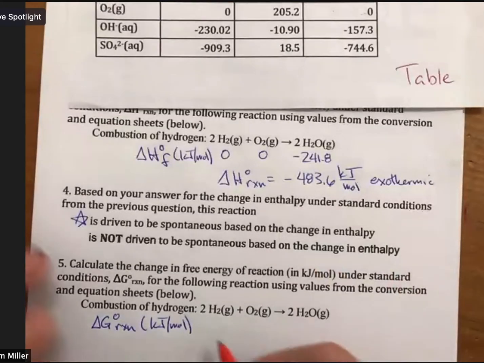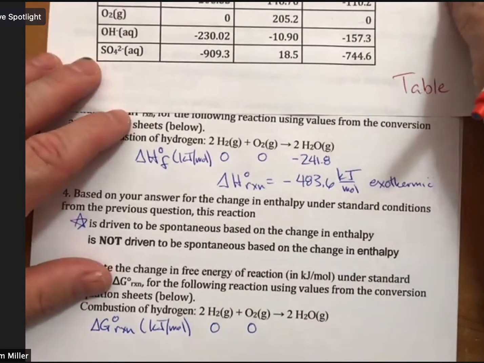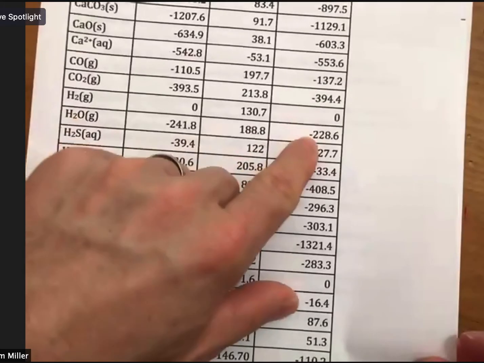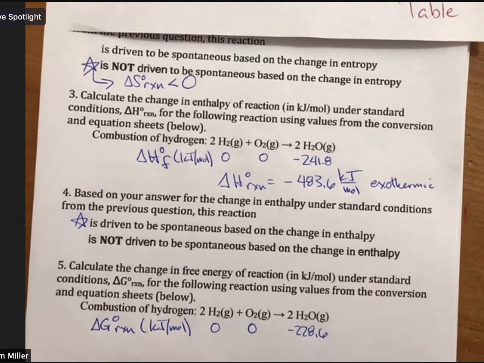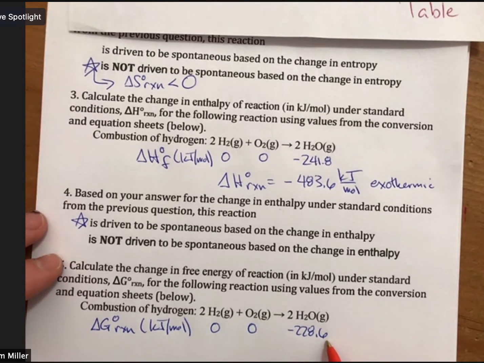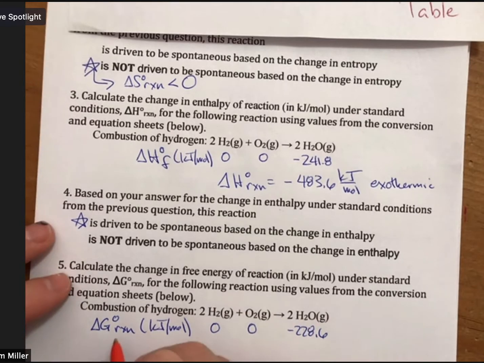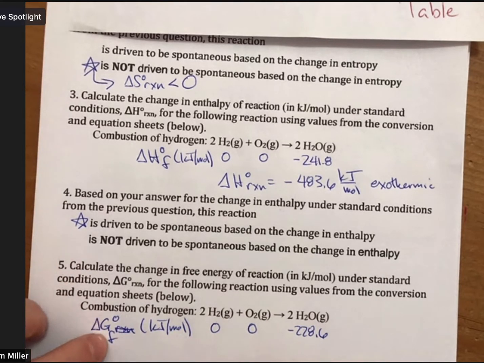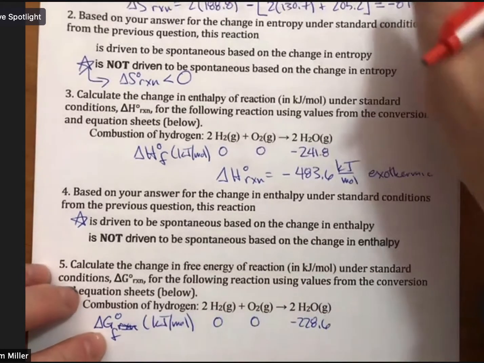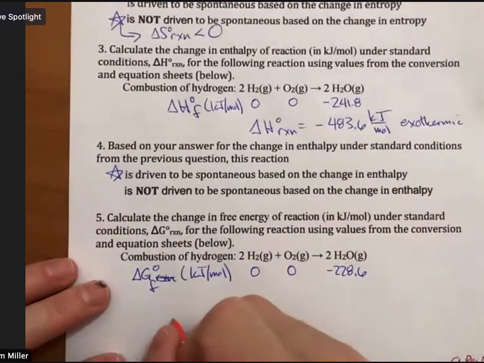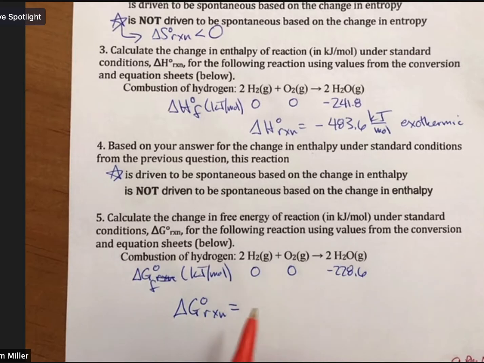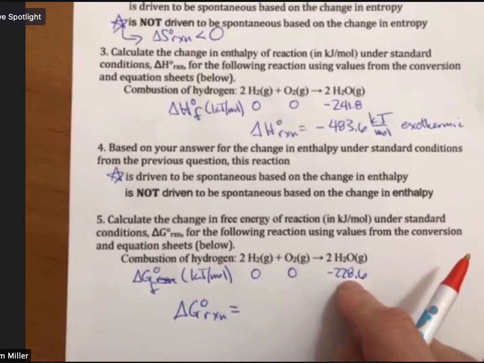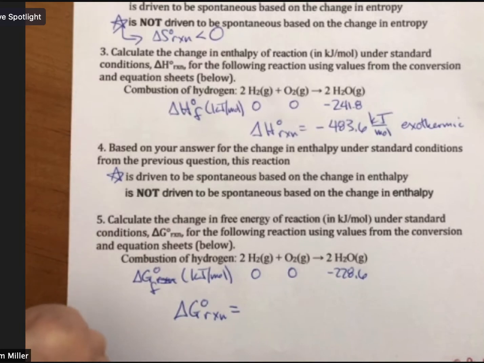So mathematically, not too bad so far. Looking up my H2O gas, minus 228.6. And now our delta, I keep doing that, I'm sorry. Delta G naught formation goes here. I'm calculating delta G naught reaction. And it equals 2 times this number, minus 457.2.